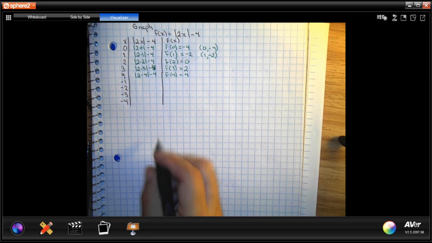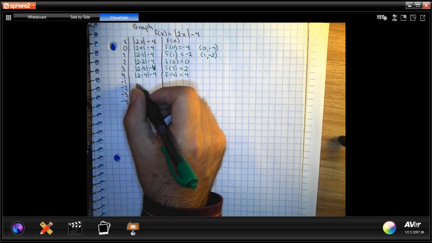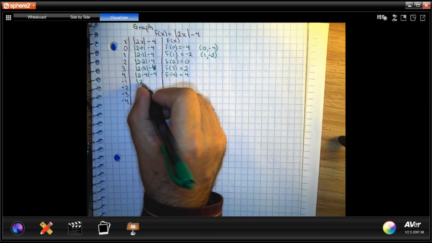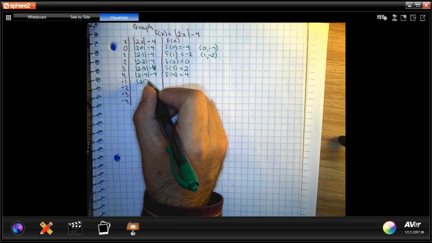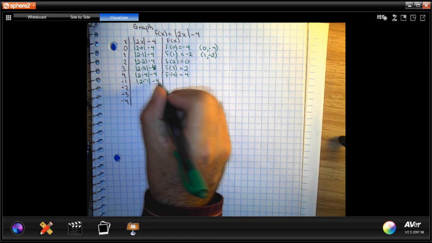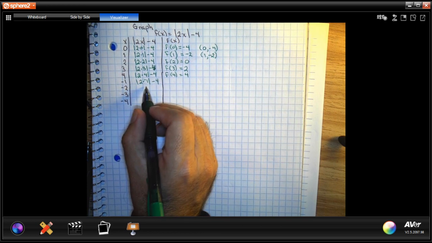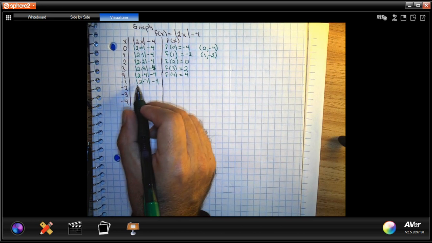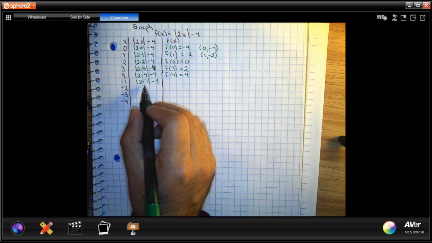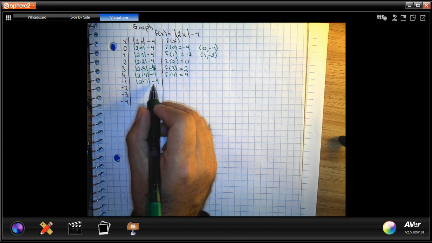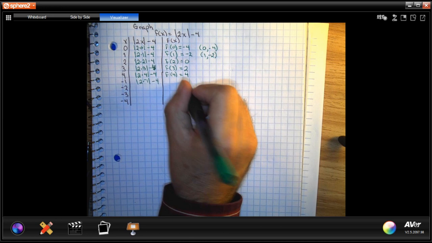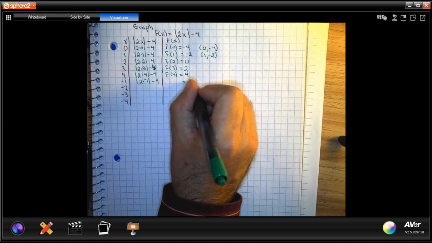We do the same thing with the negative values. 2 times -1 is -2, but the absolute value of -2 is 2, and 2 minus 4 is -2.